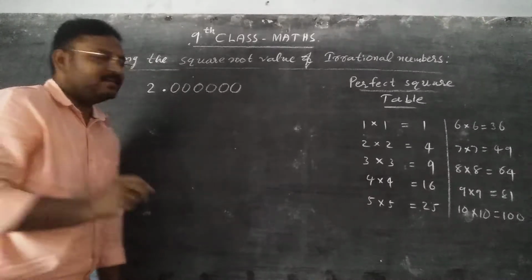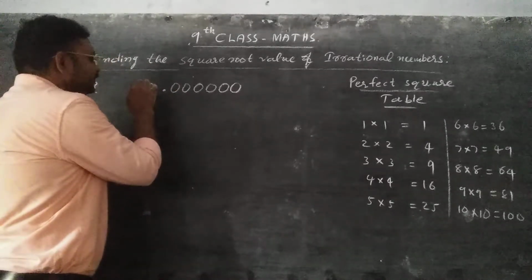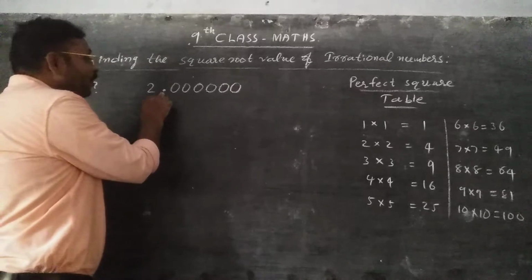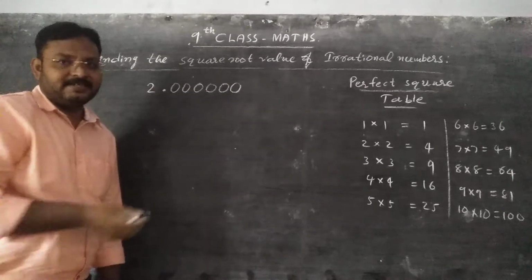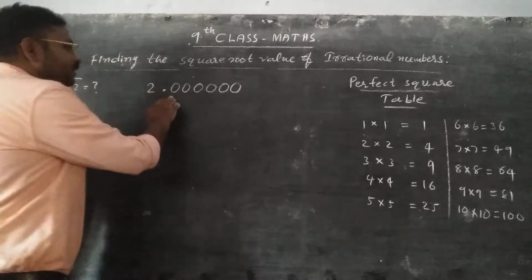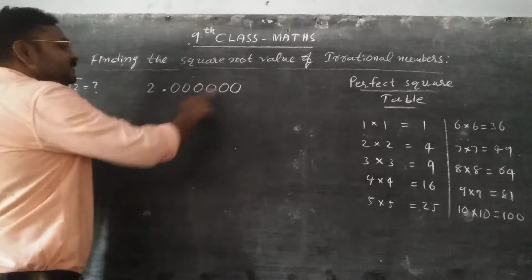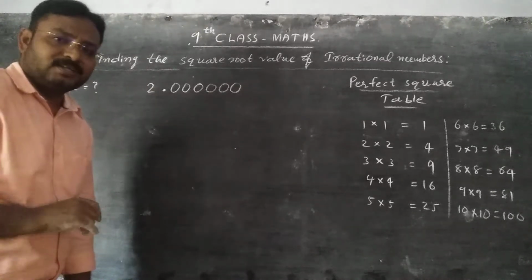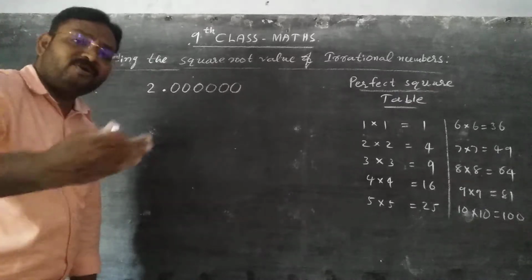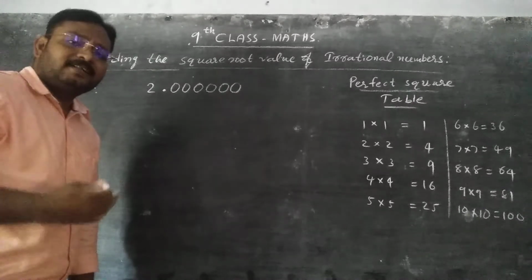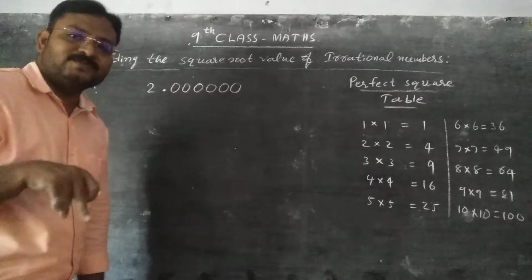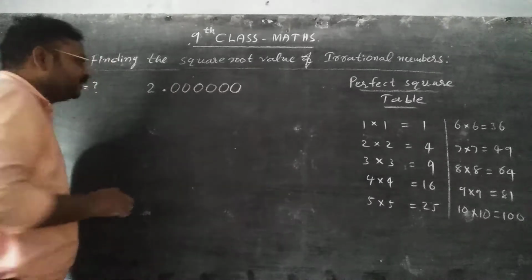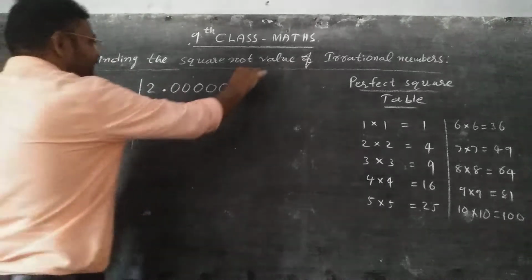So totally we get three digits after the decimal point. For getting three decimal places, we have to take 6 zeros. To get 4 decimal places, we have to take 8 zeros. I hope you understand. Now I am going to do the division here.